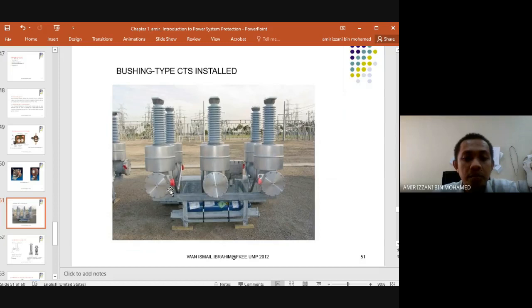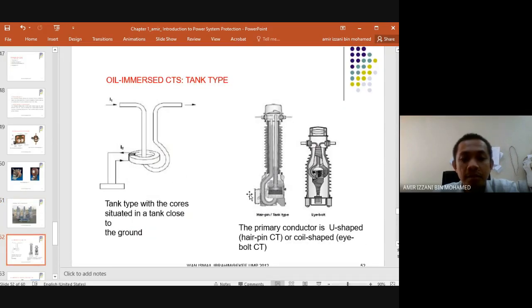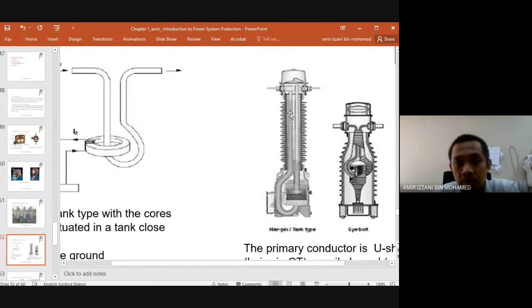Inside this one, you can see it is like this. It's oil immersed type where we have oil inside this transformer. The primary conductor is U-shaped. This one is the primary conductor, then the secondary is wound at this area.